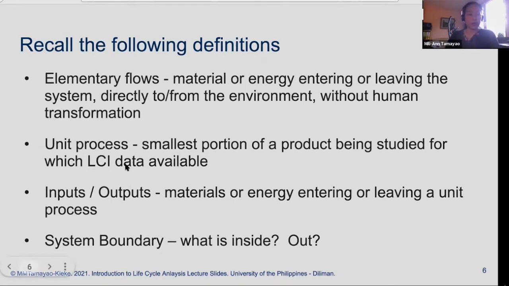And unit process. Okay, so this is the smallest portion of a product being studied for which LCI data is available. And then you have your inputs or outputs. Of course, these are the materials or energy entering or leaving a unit process. And then you have your system boundary, okay, which basically shows you what is inside or outside the system of analysis.